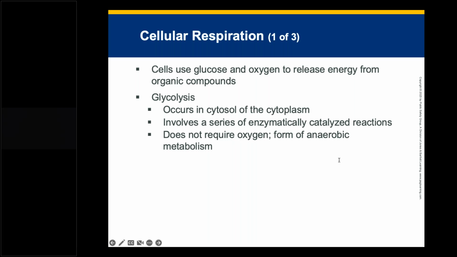This involves a series of enzymatically catalyzed reactions in which glucose is broken down to yield lactic acid and pyruvic acid as well. This does not require oxygen, an anaerobic metabolism.